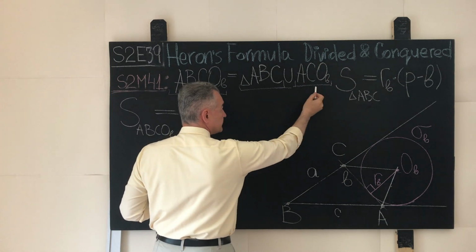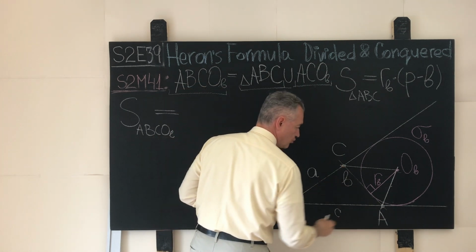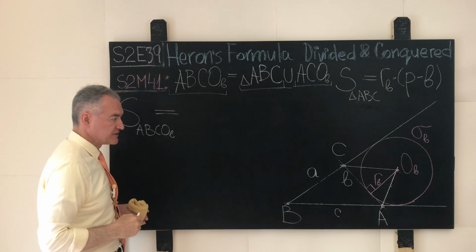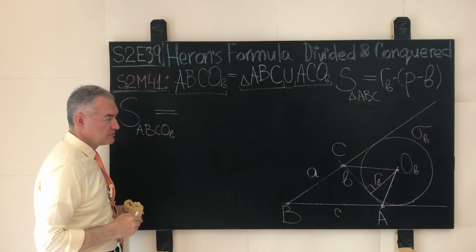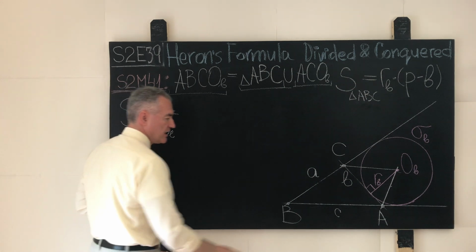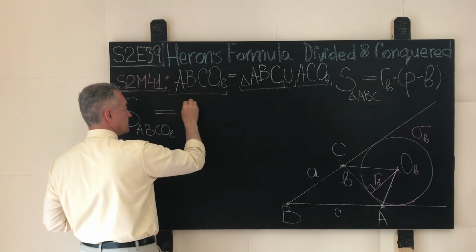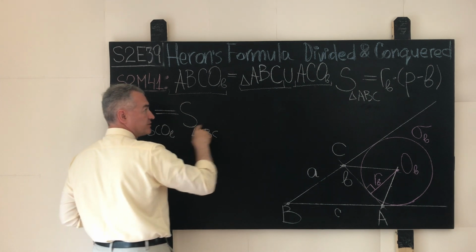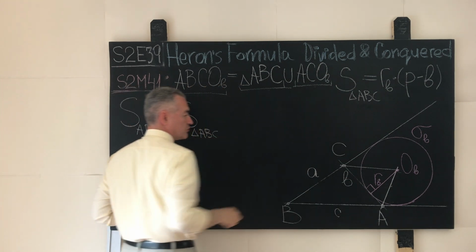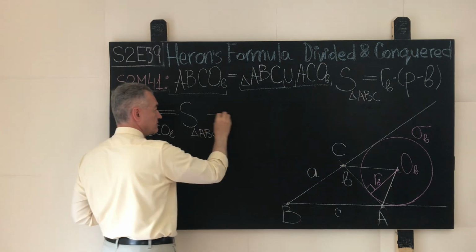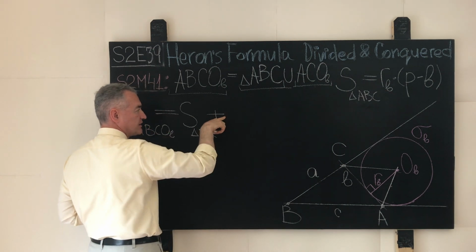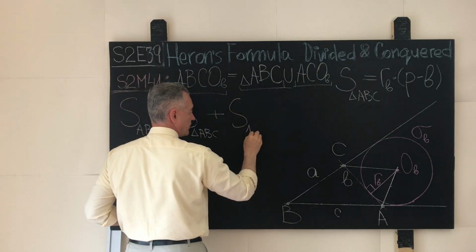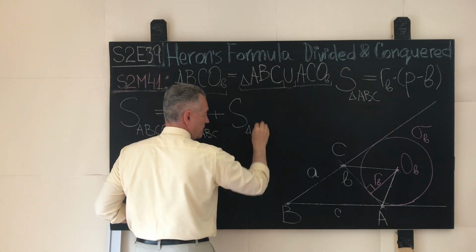From the tight tiling, no gaps and no overlaps, which in mathematics is called partitioning of the whole into subparts, the area is the area of the parent triangle ABC, S of the triangle ABC, which is the material we are looking for in this formula, plus, we translate the union into the plus, the area of the triangle ACOB.